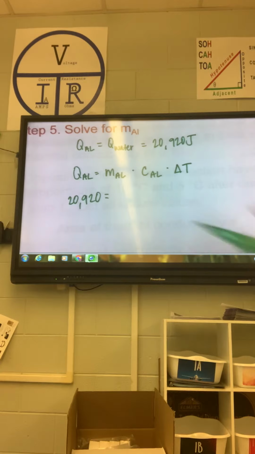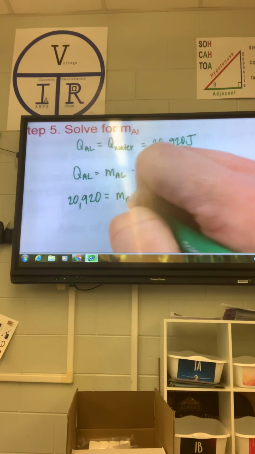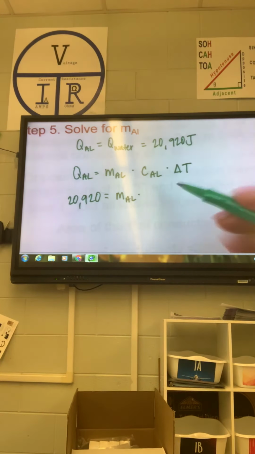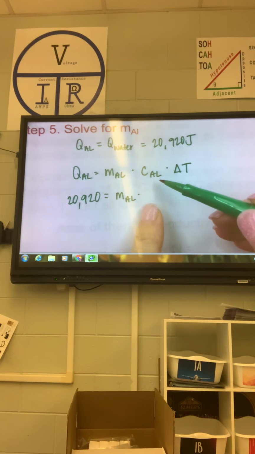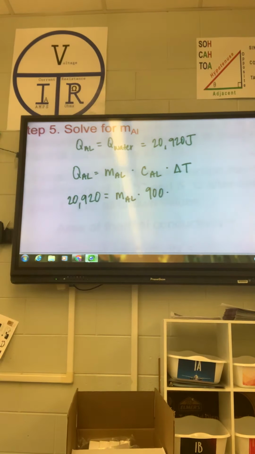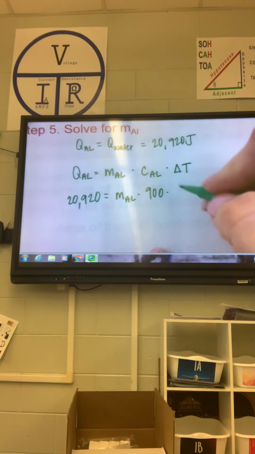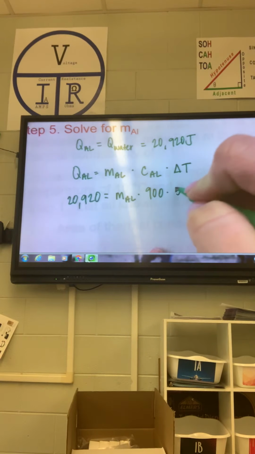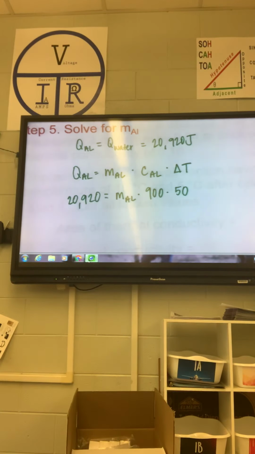I don't know that one. That's what I'm solving for. Trick question. What's the heat capacity? 900. And then the change in the temperature was 50. Yep. That number, 45,000. Yeah, 45,000.